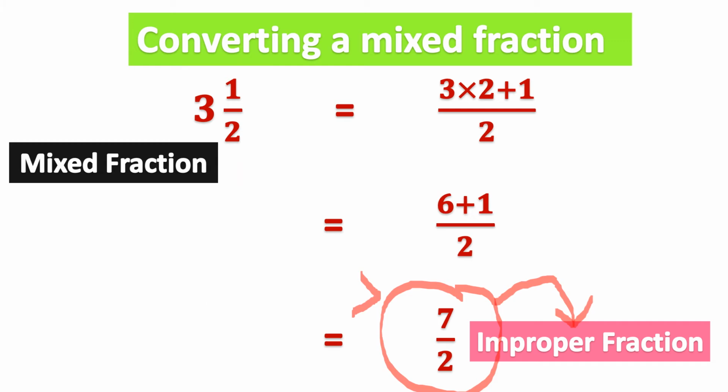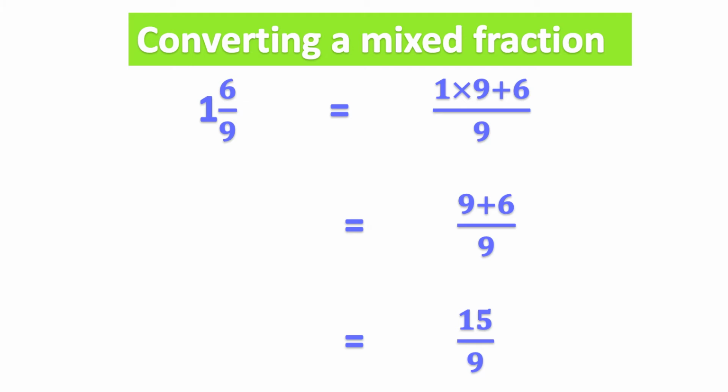Now let me show you one more example to make it thorough. Look at this example. We have the number 1 6 by 9. So how do I convert? First I take the whole number and the denominator and multiply them, right? So 1 into 9. Then what number is left? I have to take that and add it.